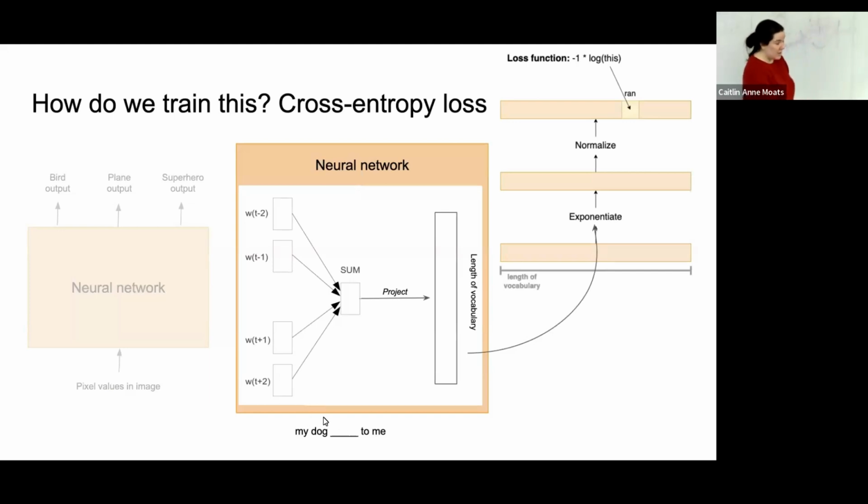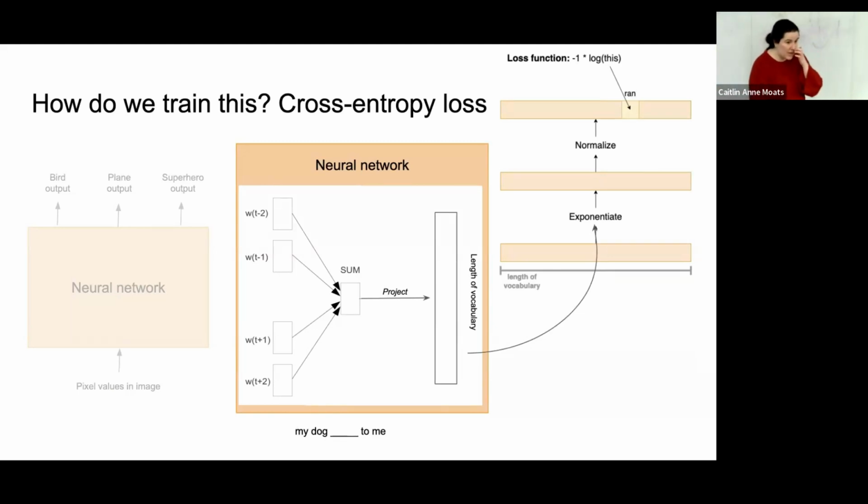Given a particular input, for example, "my dog blank to me," we feed this through a neural network. So we index its lists of parameters and so on, sum those together, and project them out to the length of the vocabulary. And then what we're hoping for is a high value for the word that in the data actually turned out to be in the middle of those. This is basically just a classification problem.